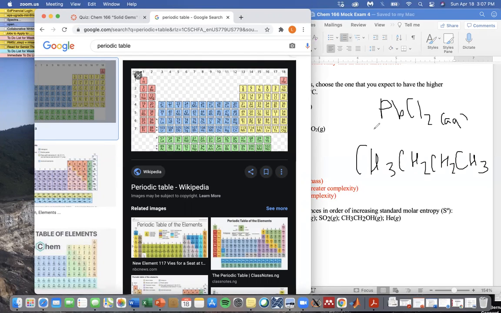So PbCl2 might have a massive molar mass, but it's just one lead bonded to two chlorines, as opposed to this massive molecule that has a bunch of carbons and everything.